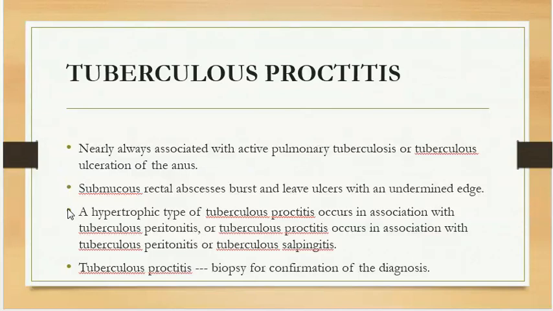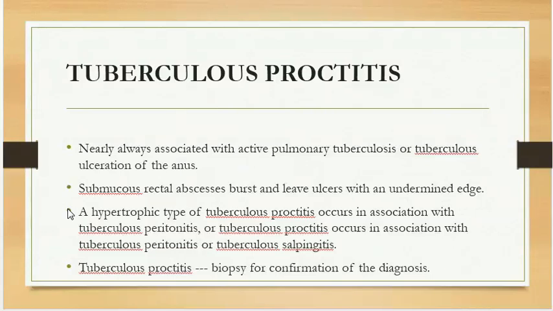In tuberculosis of the rectum, some mucous abscesses form, they burst, and then they form ulcers. And what is specific about these ulcers? They have undermined edges. It is a feature of the tuberculous ulcer anywhere, but we are talking here about the rectum.